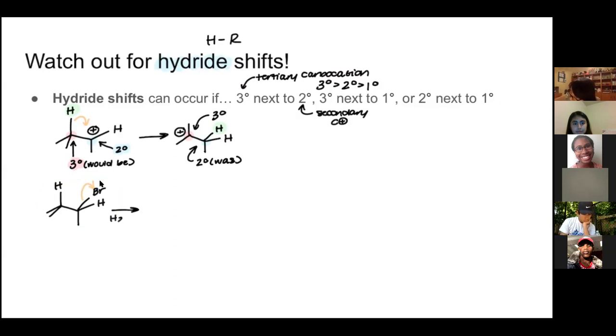Let's just say this is the water. This is now a carbocation, bromine's just out here vibing. We have the same issue where the carbon on the left would be a tertiary carbocation. The carbon on the right is secondary. That is not preferable. So we're just going to shove its neighbor's hydrogen over.